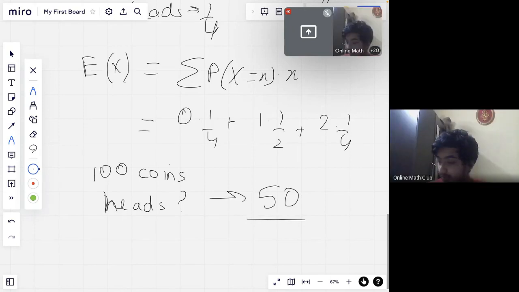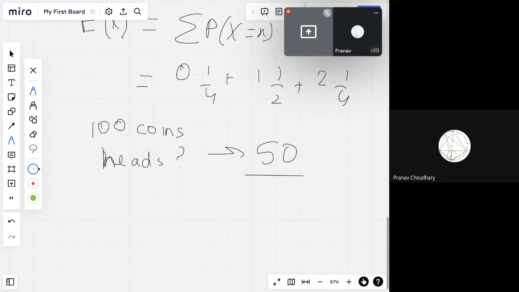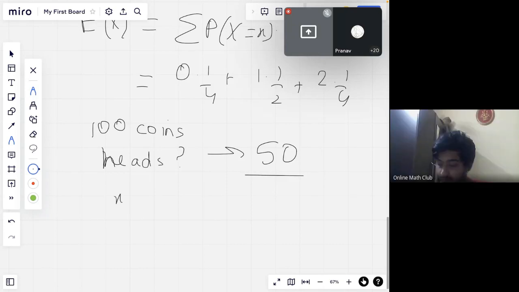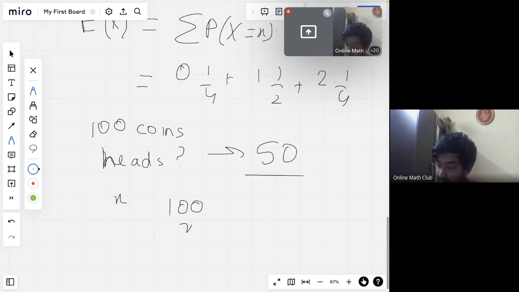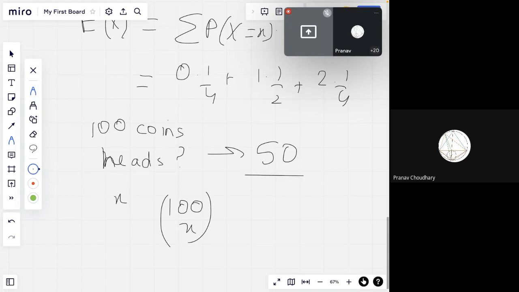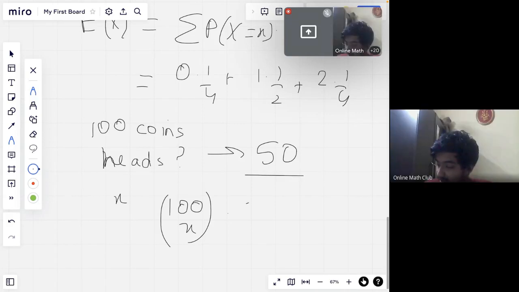Yeah, go ahead, please. Suppose there are X heads in a configuration, like we denote by HHTT and so on, on the coins. The number of ways for which X heads can come is 100 choose X. So the contribution of it in the expected value will be X times 100 choose X, because this is the probability and this is the value.